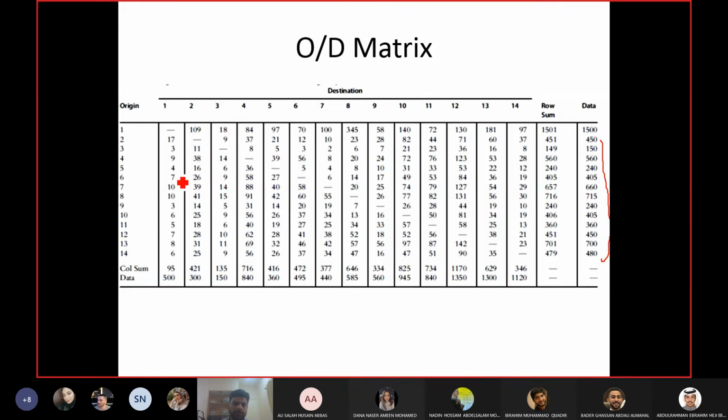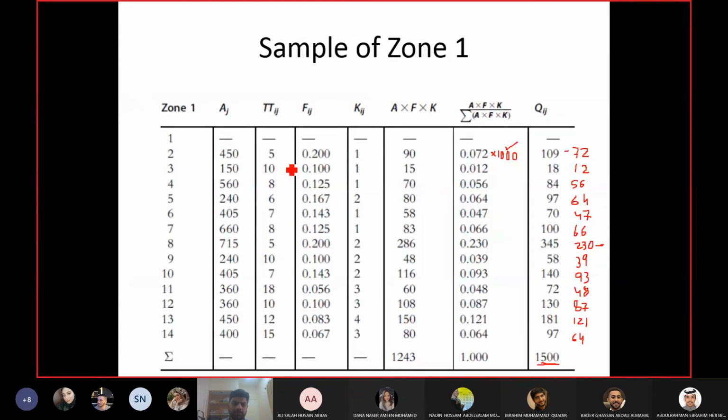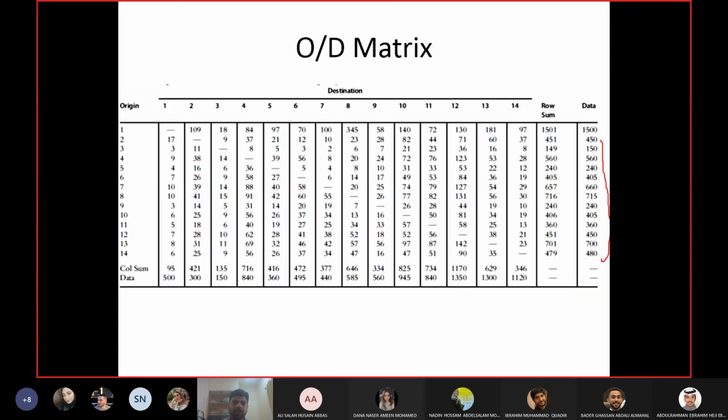But anyways, if you apply this methodology to zone 1, then you will get the values in the first row. If you apply it to zone 2, then you get the second row and so on and so forth.